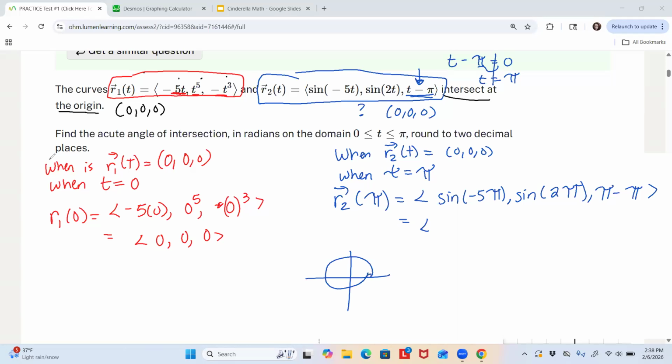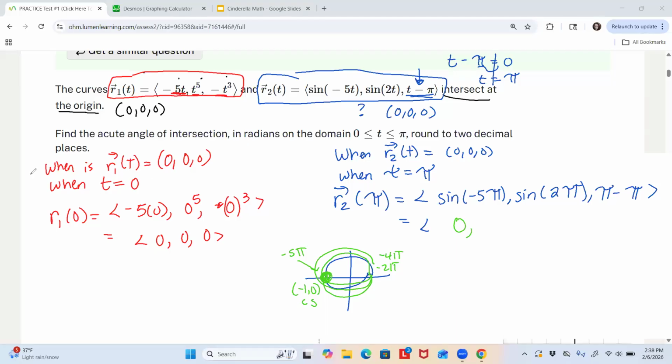Go in the negative direction, so clockwise. All the way around clockwise is negative 2 pi. All the way around again would be negative 4 pi. So halfway around right there would be negative 5 pi. That point is negative 1, 0, and we need sine, so that would be 0.